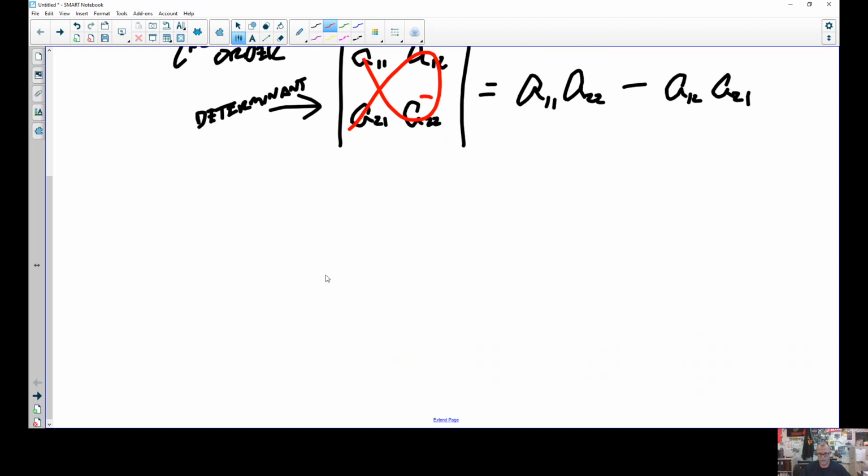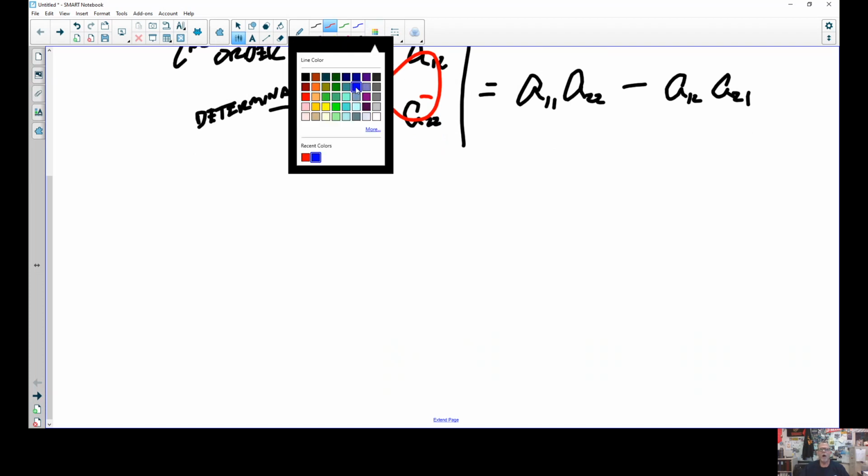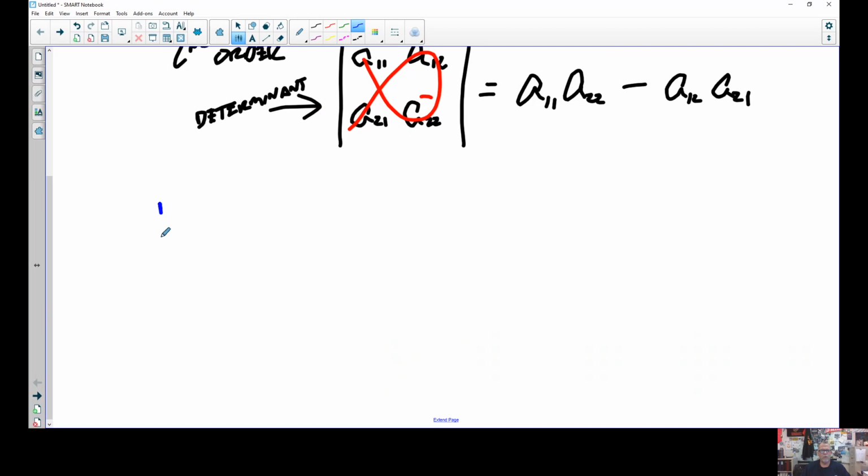So what is that going to look like? Let's take a look at an example. For example, if I gave you this problem, again, this is asking for the determinant because of these bars on each side, rather than brackets.